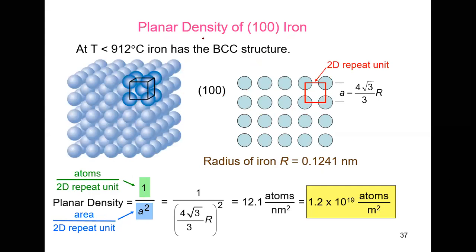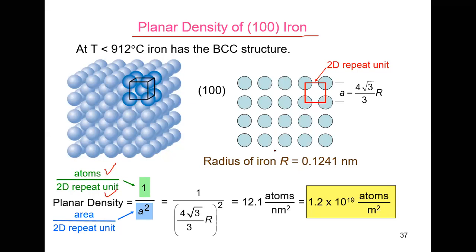The definition of planar density of atoms is that you consider a plane, find the area of the plane, and find the number of atoms in that plane. So planar density of atoms is defined as the number of atoms divided by the area of the 2D unit that you have considered.